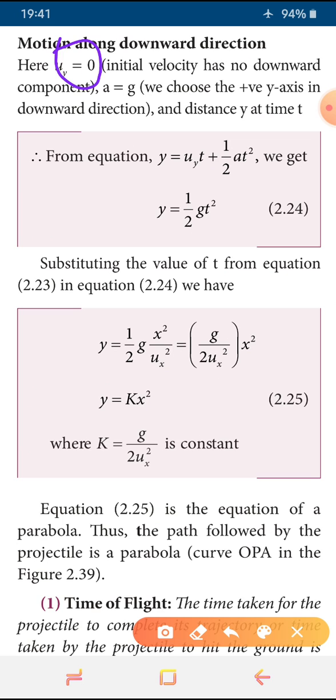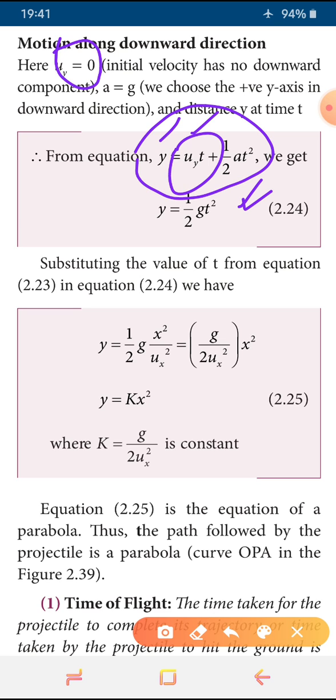The same formula we are writing here, s is substituted as y, then u is taken as uy, then half at square. Since uy is 0, the first term is 0, and the rest is y is equal to half g t square, where a is substituted as g. And we substitute t from the previous equation 2.23. What did we get in 2.23? x is equal to ux into t.